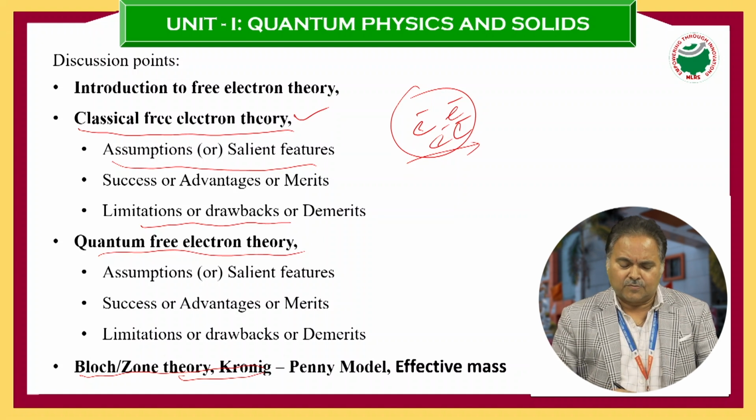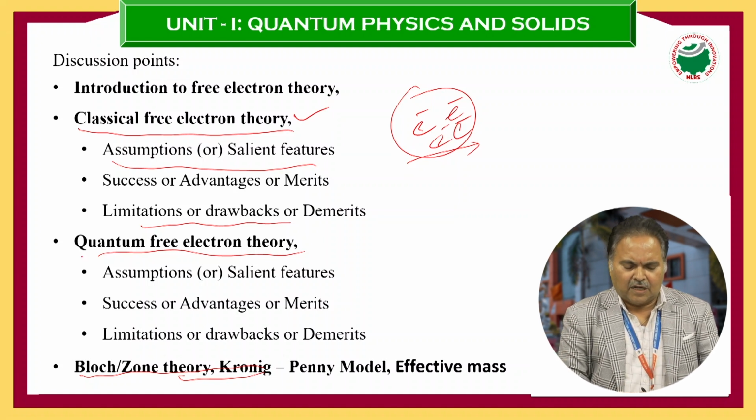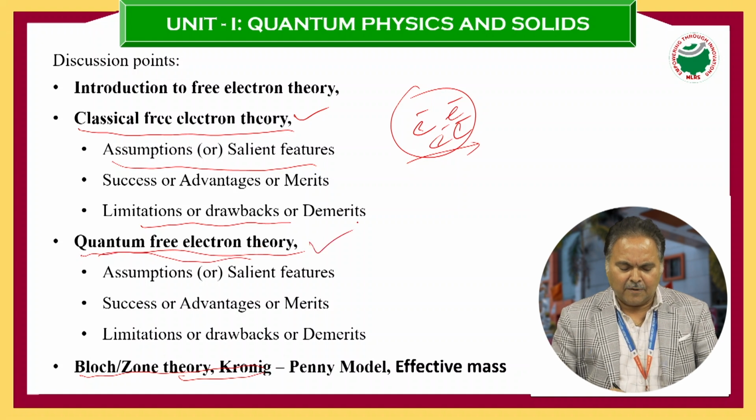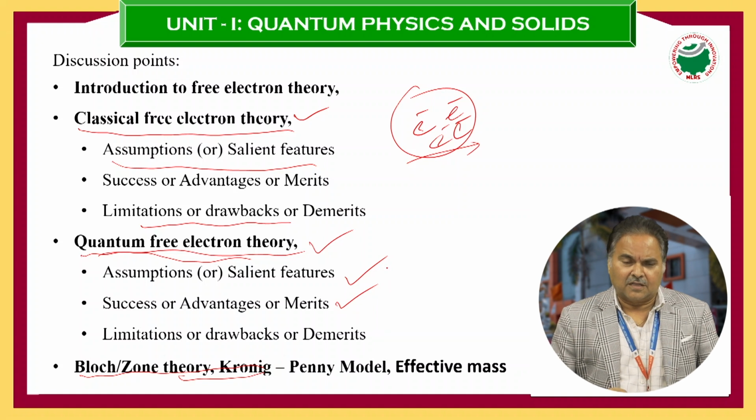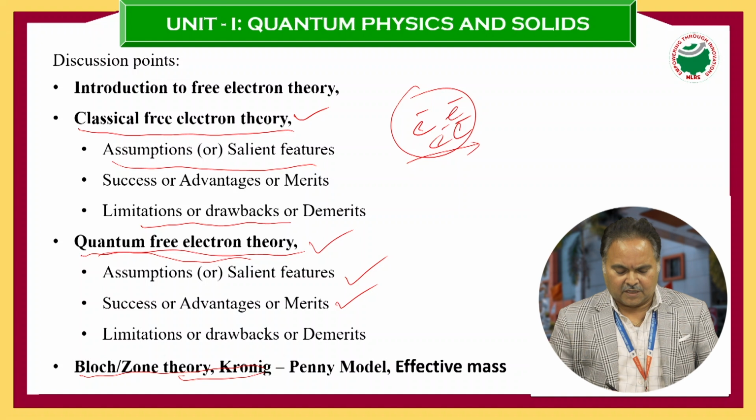Those assumptions we will discuss. Similarly, in quantum free electron theory, what are the assumptions compared to classical free electron theory, and what different assumptions are there in quantum free electron theory. Similarly, there are the advantages, or successes, of quantum free electron theory, as well as its merits.